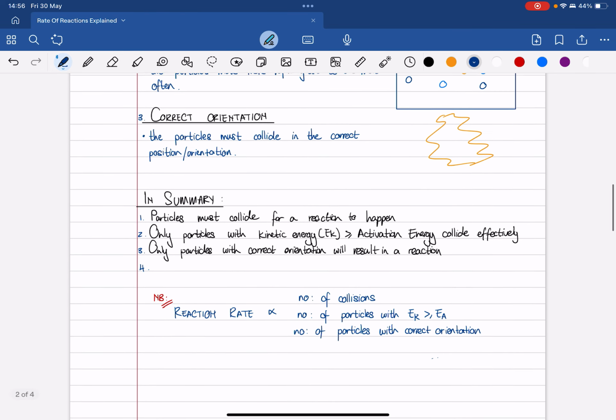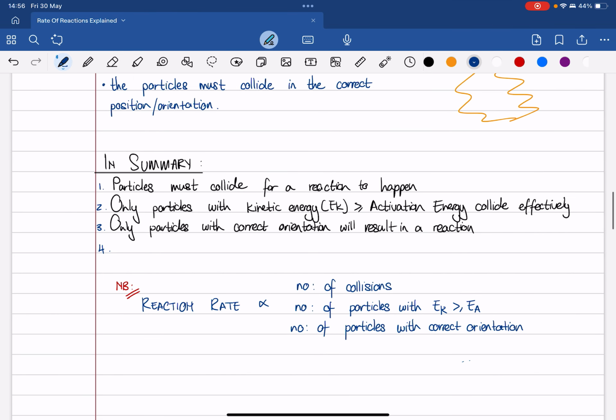So in summary, particles must collide in order for a reaction to happen. Right? So in order for any reaction to happen, the particles have to collide. That's how we get a reaction. And only particles with kinetic energy that is either greater or equal to the activation energy. Remember, the activation energy is the minimum energy required in order for a reaction to happen.